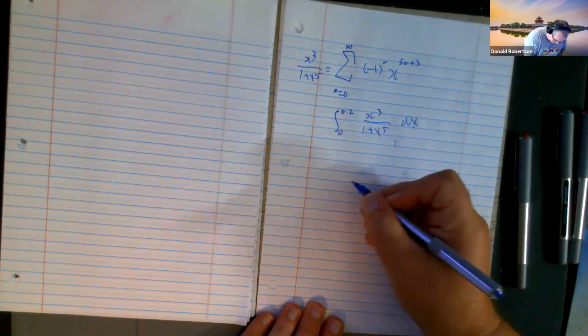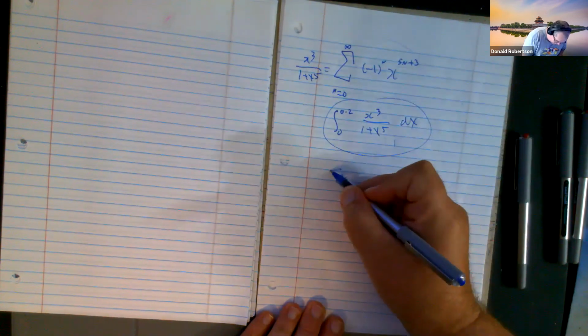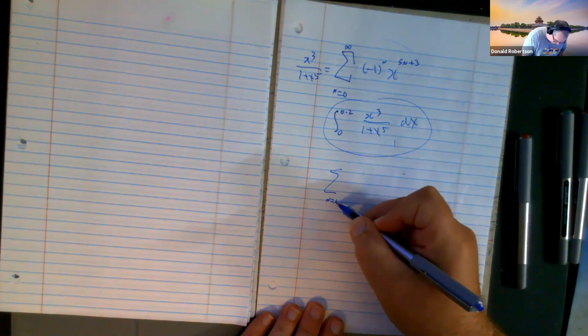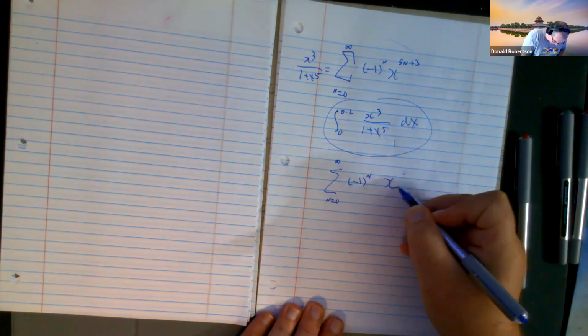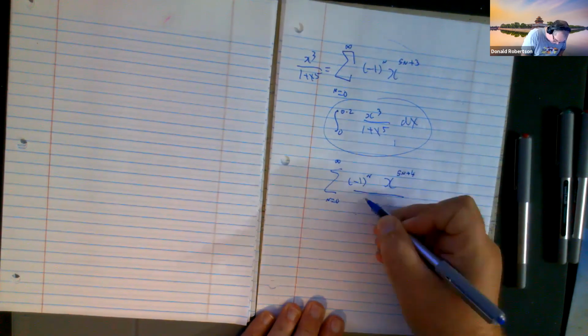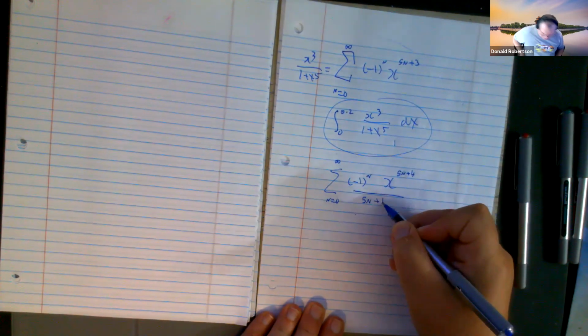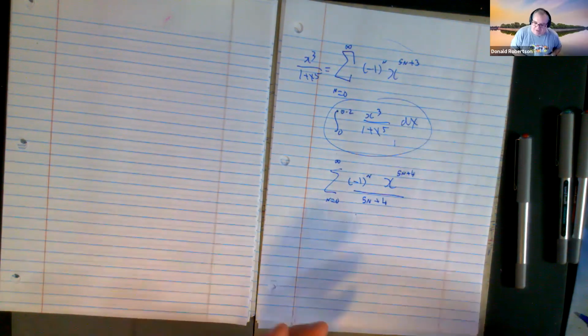Now, if you integrate this function, the answer you get is (-1)^n, right? What do you do? You add 1 to the power, and then you divide by the new power. Are you happy with that? Yes.